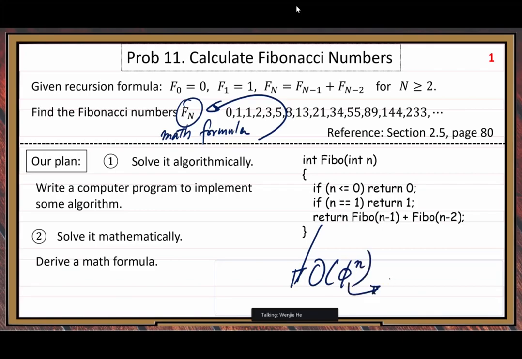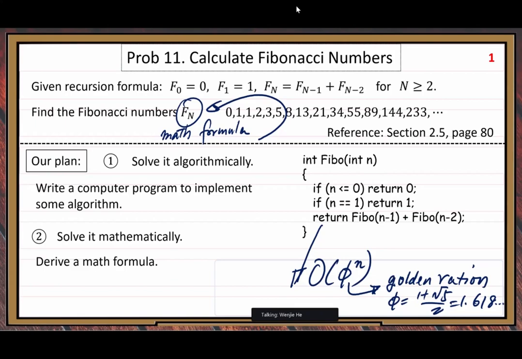Phi is the golden ratio, phi equals (1 plus root 5) over 2, about 1.618. We will study the golden ratio in our next topic. So it's 1.6 something.